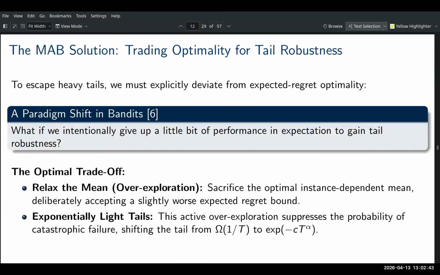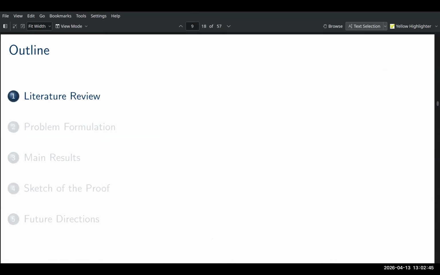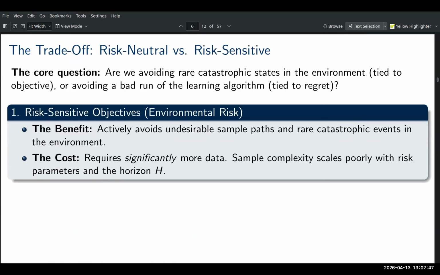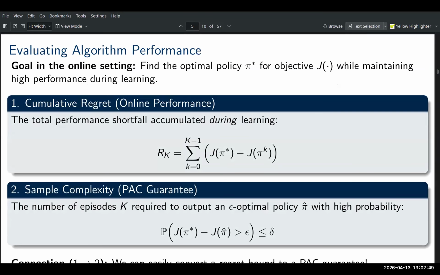So what you're proposing is that you're not happy with the PAC guarantee. You do want a higher moment type guarantee.